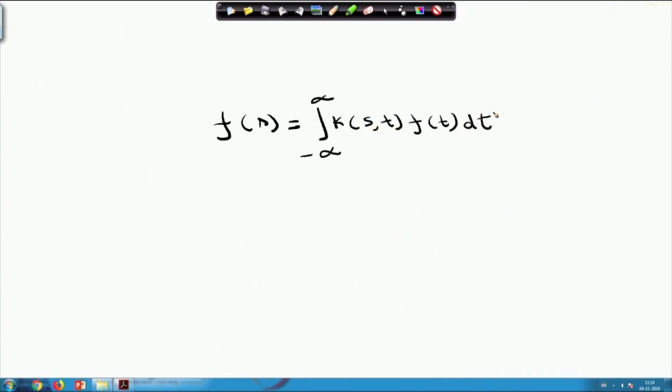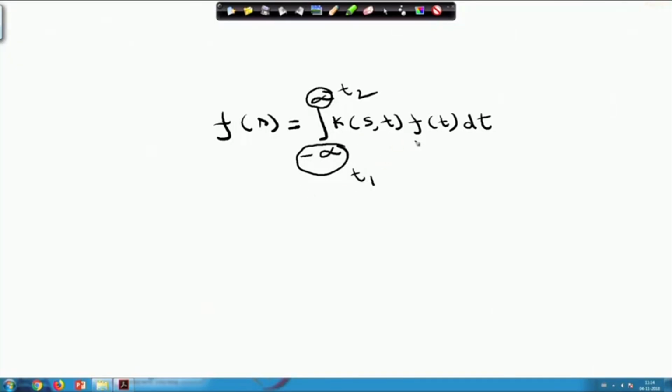Suppose we have defined it like this, minus infinity to infinity of K(s,t) f(t) dt. Sometimes we may write it as t1 to t2, that means on some finite domain t1 to t2, or it may be an infinite domain, minus infinity to infinity.